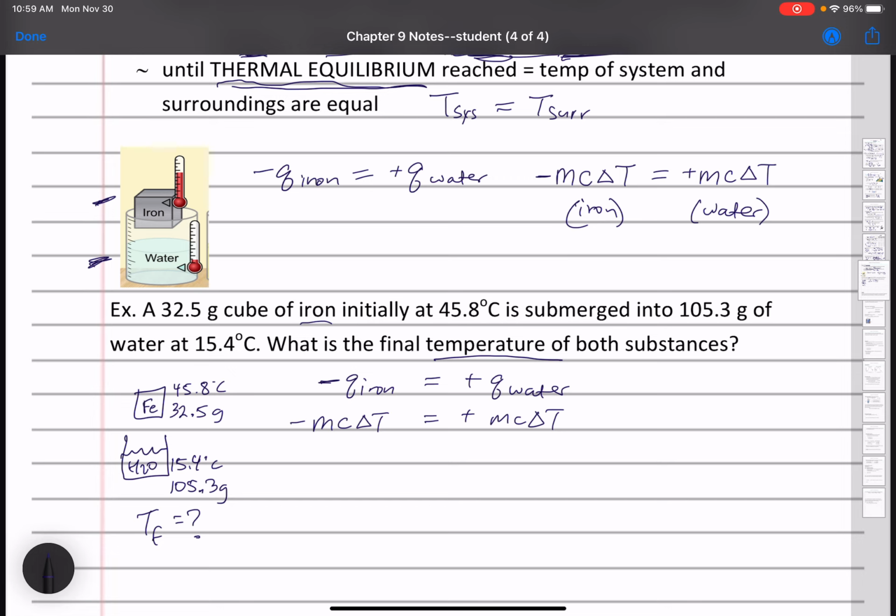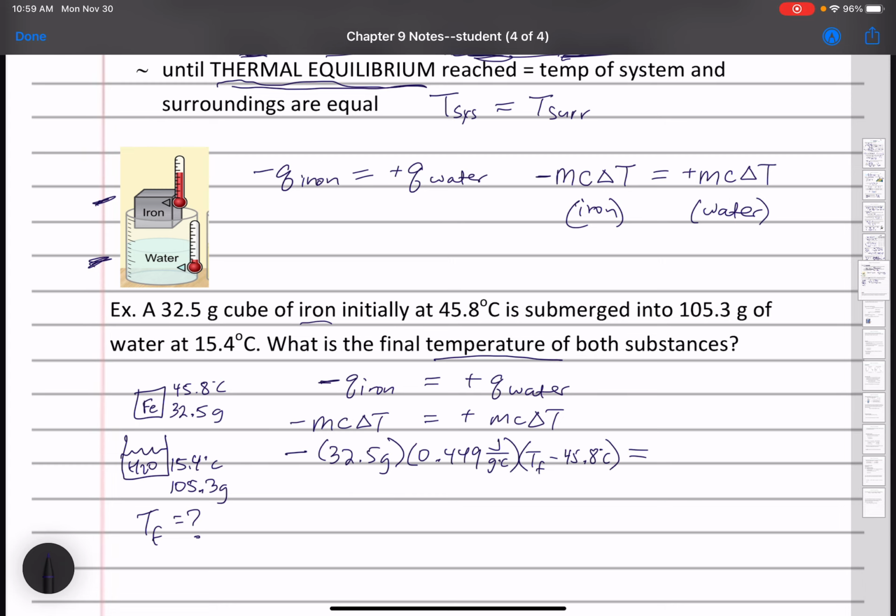So for the iron side, we've got negative 32.5 grams is our mass, times the specific heat capacity of iron, and I look that up on the table from the previous page, and I find that it is 0.449 joules per gram degree Celsius, times the change in temperature, which is the final minus the initial. We don't know the final temperature, but we know the initial temperature of the iron was 45.8 degrees Celsius.